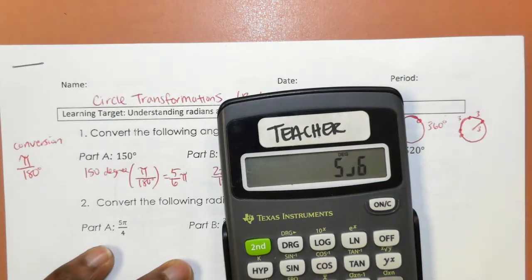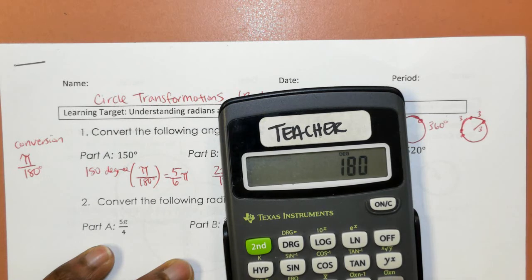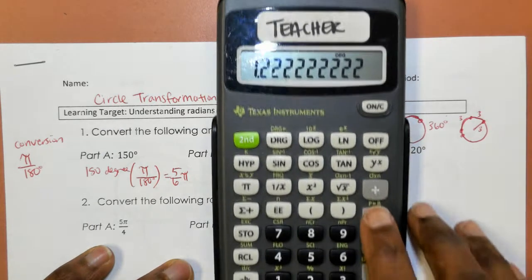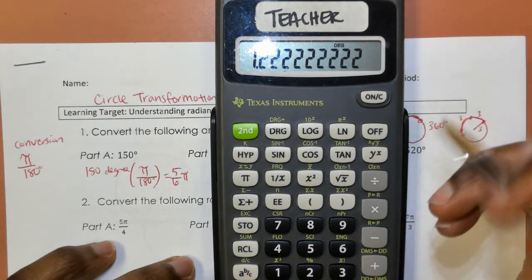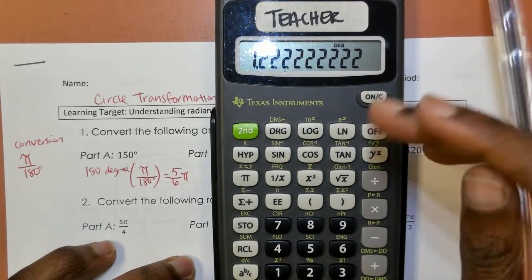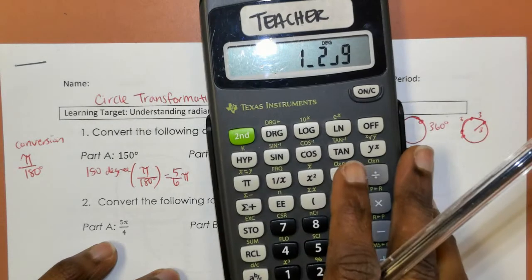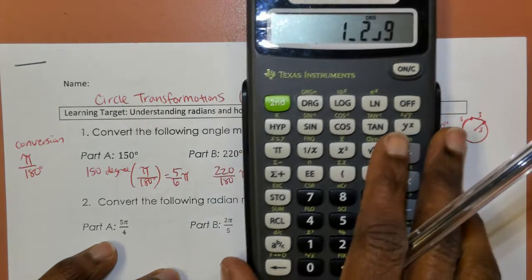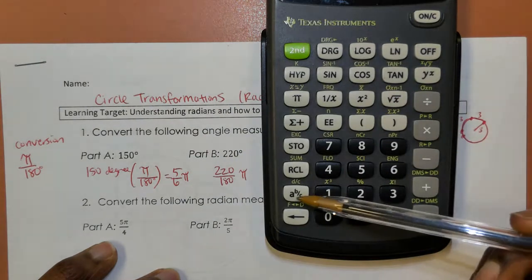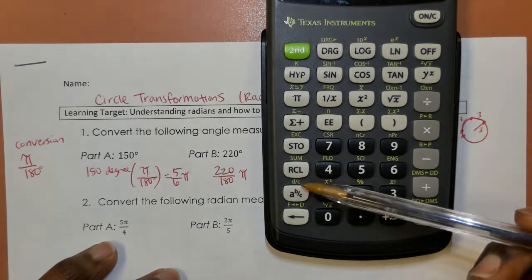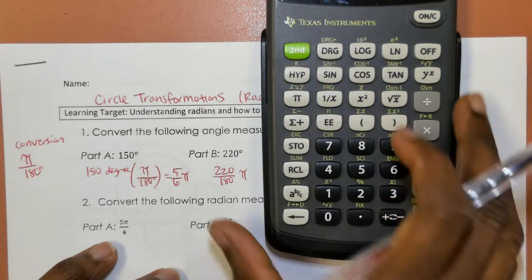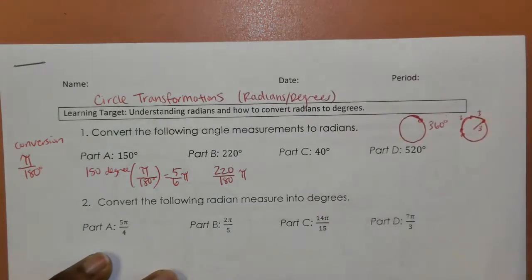So 220 divided by 180 is going to give us 1.2 and some change, so we want to change that to a fraction. So we'd hit second arrow to get it from decimal to fraction, and then it gives us a mixed number. Then we hit second again to get it to improper fraction, and it's 11/9.